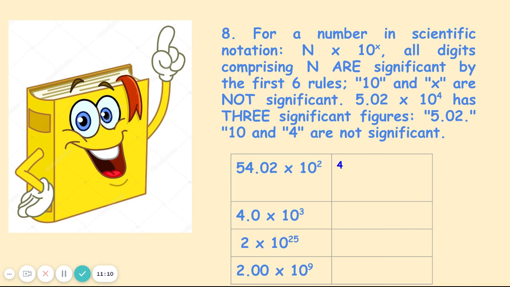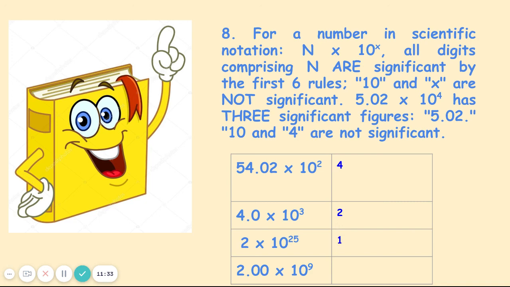So, how about our second example? 4.0 times 10 to the third. So, yung 10 to the third, hindi po siya significant. So, doon lang po tayo tumingin sa 4.0 and that is 2 significant figures. So, how about our third example? 2 times 10 to the 25th. So, yung 10 to the 25th, hindi po yun significant. So, 1 significant figure lang siya.